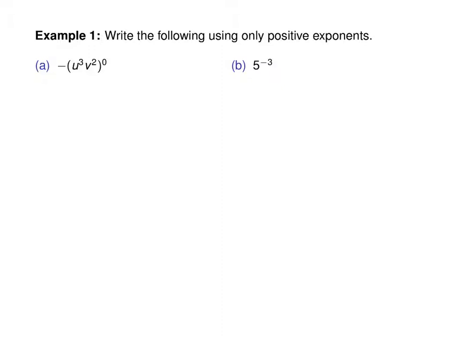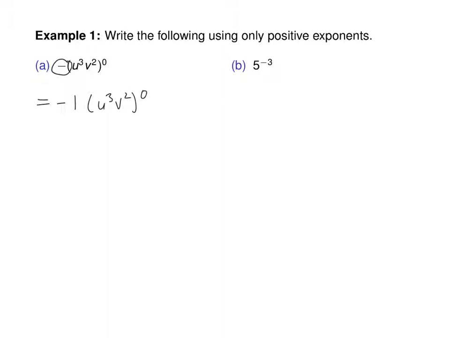Okay, so I said that anything to the 0 is 1, and this first question I made a little bit tricky on purpose. Is this negative sign part of what is to the 0? No, it's not, okay? So it's kind of like PEMDAS, which I can't say order of operations without stuttering, so I always say PEMDAS. So this is the same thing as -1 times all that junk to the 0, right?